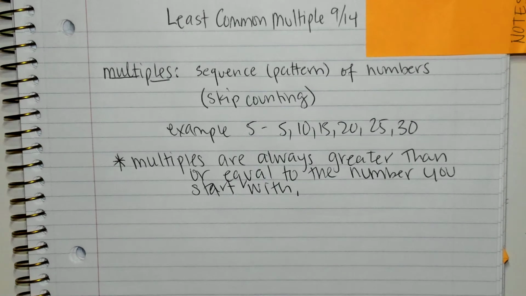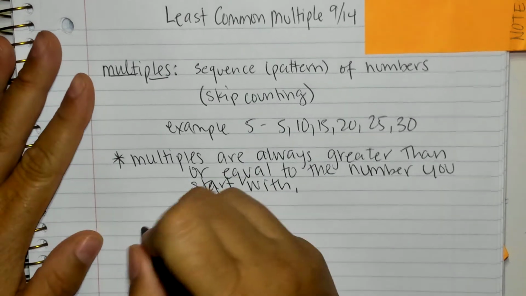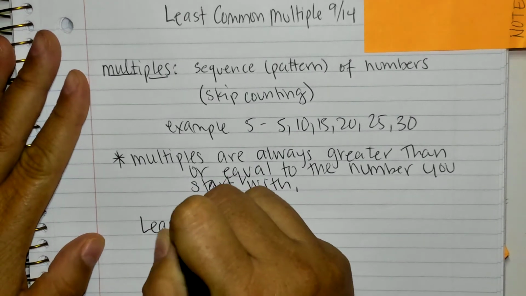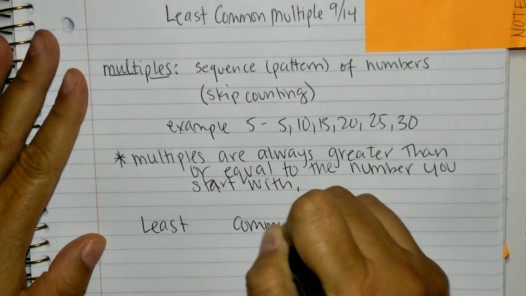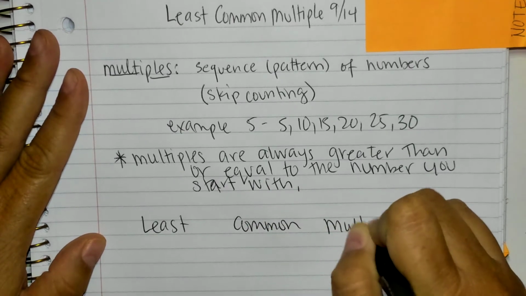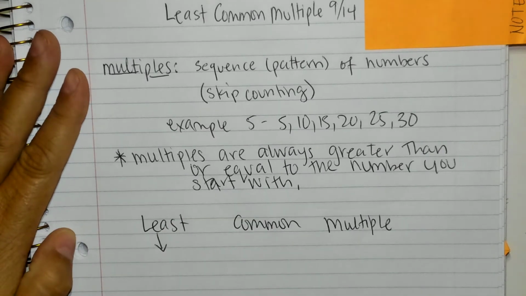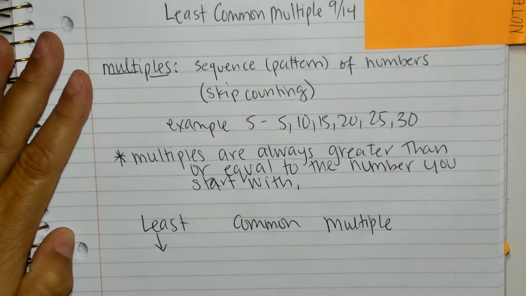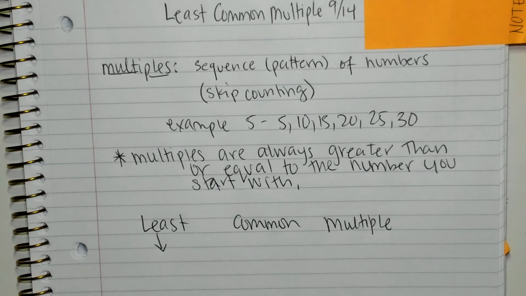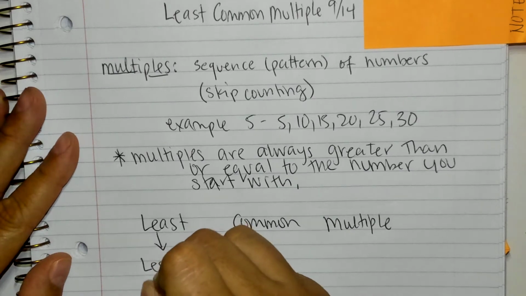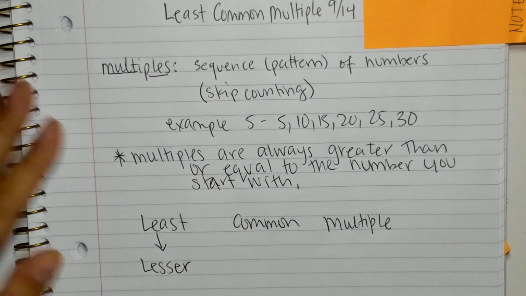Okay. Least common multiple stands for lesser, which is a word. I know it sounds weird, but it is proper grammar.